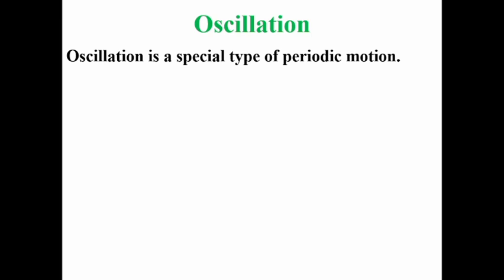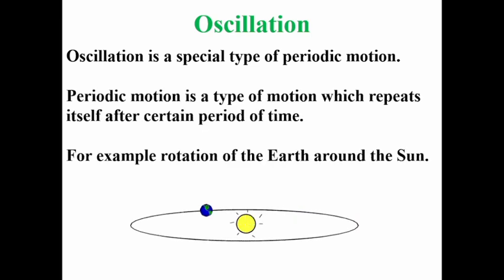Oscillation is a special type of periodic motion, and periodic motion is defined as a type of motion which repeats itself after a certain period of time. For example, here the rotation of the earth around the sun.